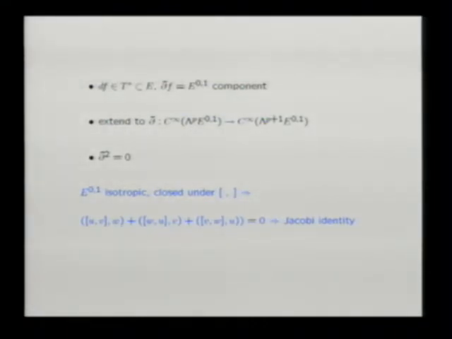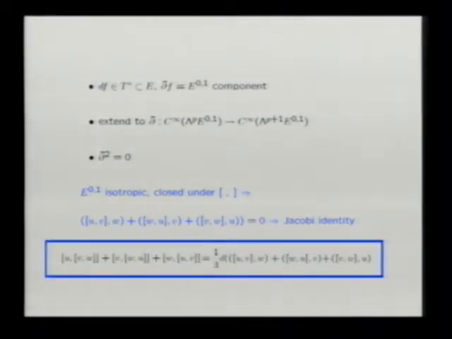it's not immediately obvious that d-bar squared equals 0, because in the usual situation, that depends on the Jacobi identity for the Lie bracket of vector fields. And as I told you earlier, the Jacobi identity doesn't hold in this situation. On the other hand, the definition of a generalized complex structure means that, first of all, the compatibility of J with the inner product means that when you look at the plus i eigenspace, then that is isotropic. In other words, the inner product is completely zero on that.